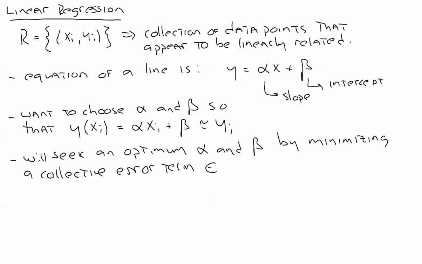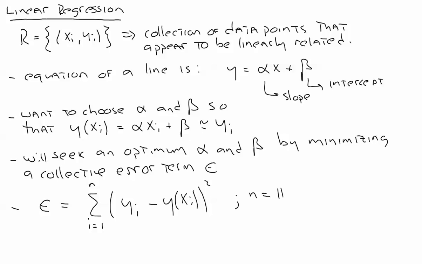So let's write down what my collective error term looks like. I'm going to define it this way. Epsilon equals summation i equals 1 to n. Little n is the number of data points in my data set. y sub i, that's my data point, minus y evaluated at x sub i, that's my estimate, squared.